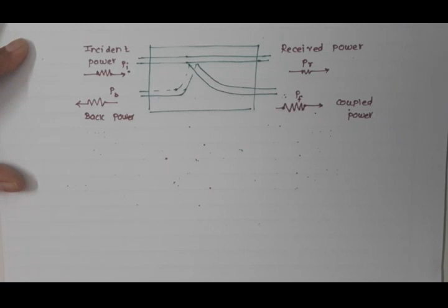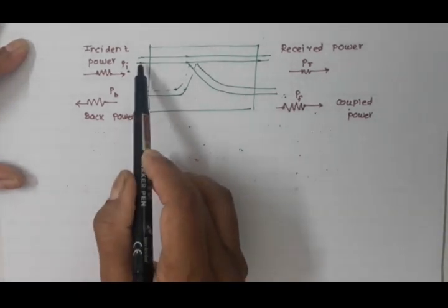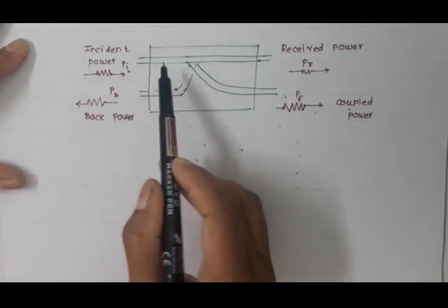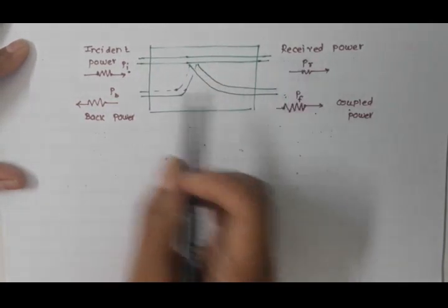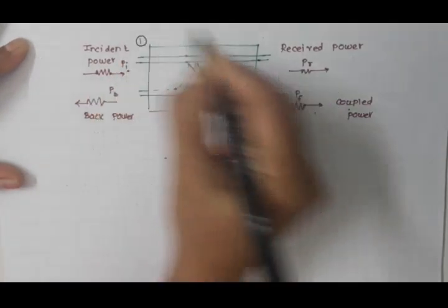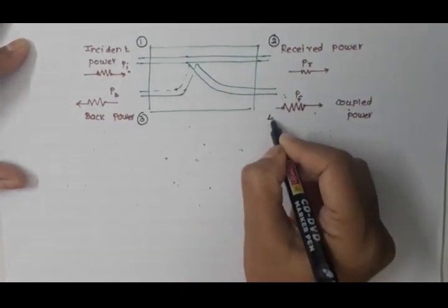Now let us see how this directional coupler can be summarized. Suppose I have given power to port 1, it will go to port 2. I'm just writing here: this is port 1, this is port 2, this is the 3rd port and this is the 4th port.